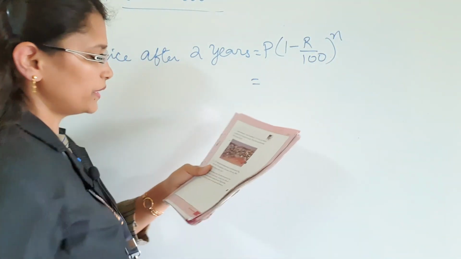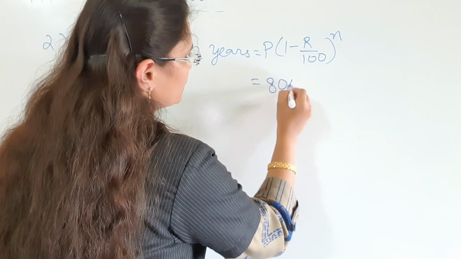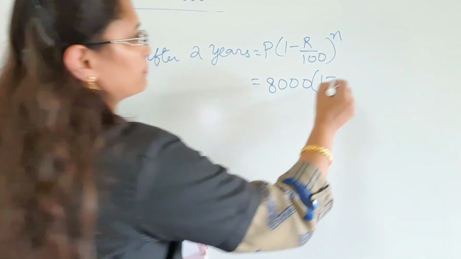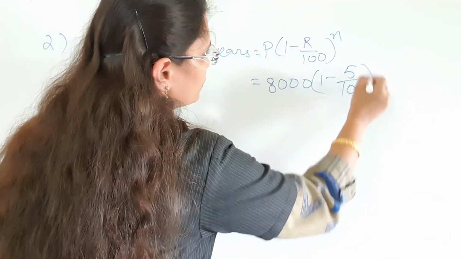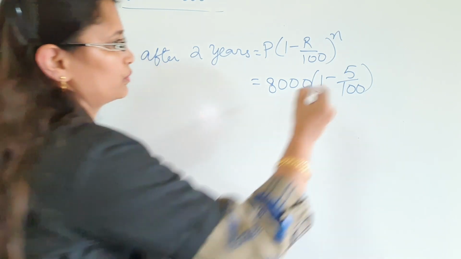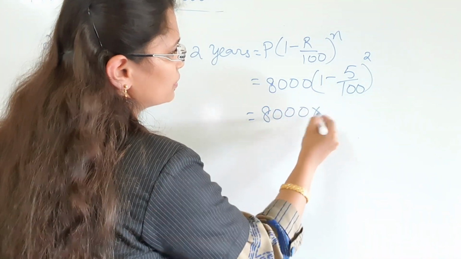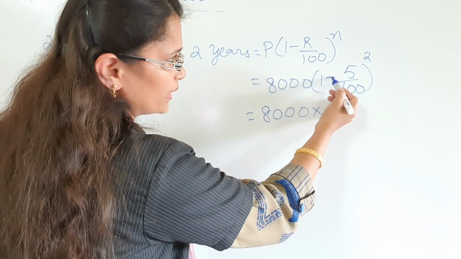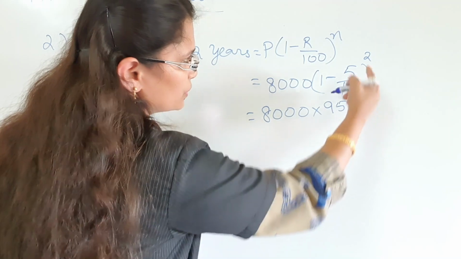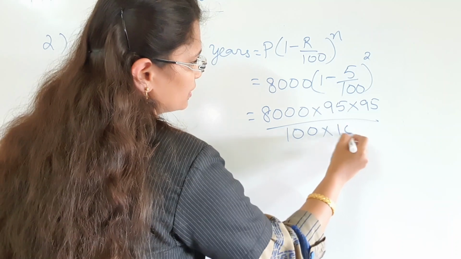So, what is P here? 8,000 rupees, right? So, 8,000 into 1 minus, what is the rate here? 5%. So, 5 by 100. And what about n, children? What would be the price after 2 years? So, n is equal to 2. 8,000 into (100 minus 5) is 95 by 100, 2 times, that is 95 by 100 into 95 by 100.